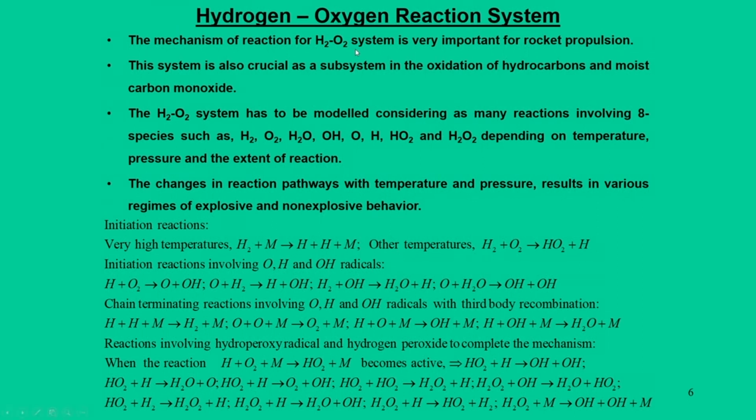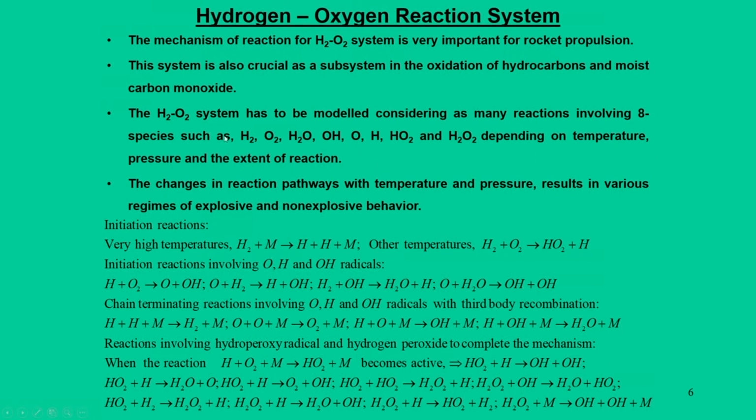Now, if at all they need to be stored together, then under what circumstances do they behave in a friendly manner, and under other circumstances they behave in an explosive manner.